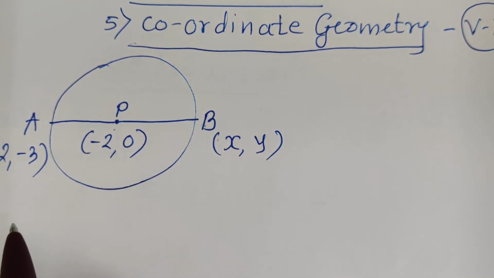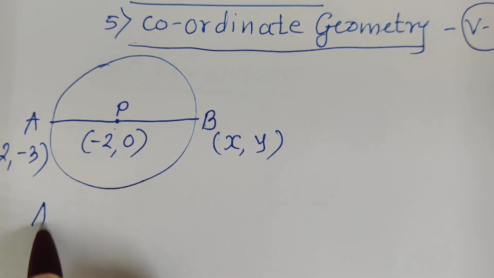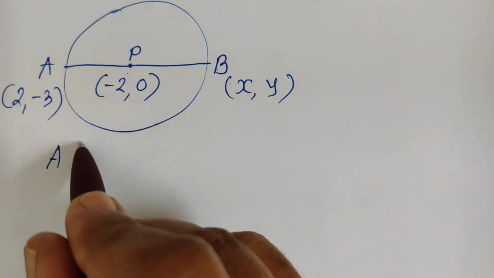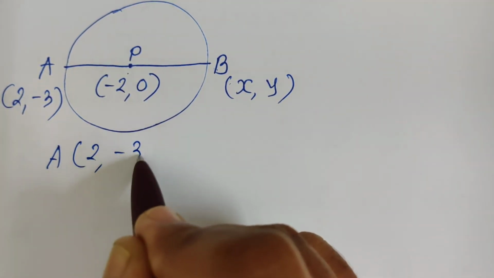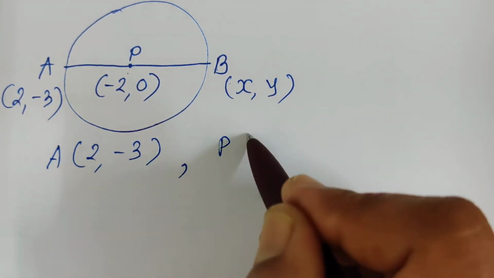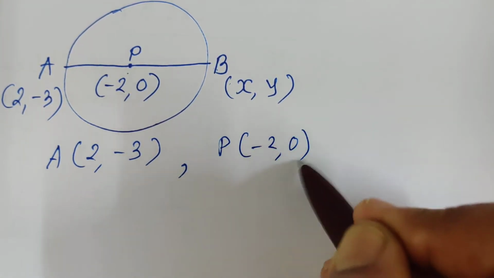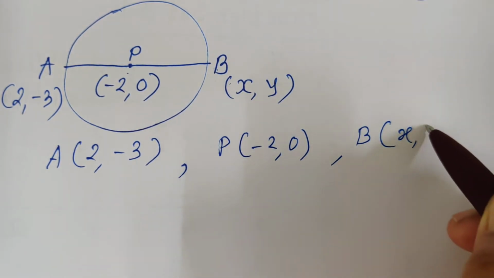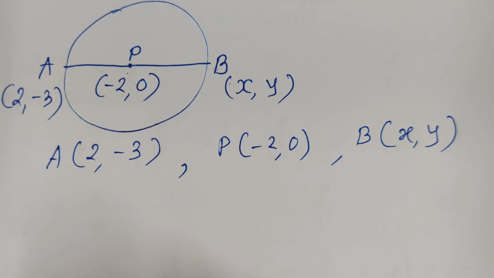You can write down whatever is given. The coordinates of A are 2 and -3. Coordinates of P are -2 and 0. And the coordinates of B are asked, so we consider that they are x and y. The center of the circle means it is the midpoint of the diameter.